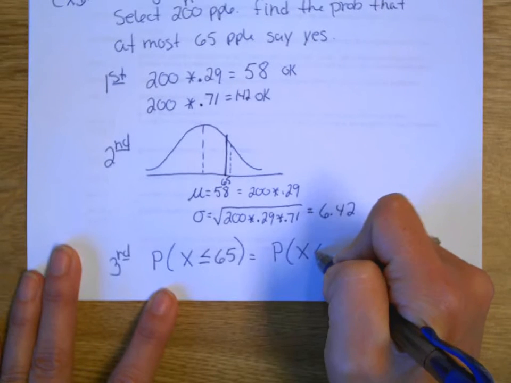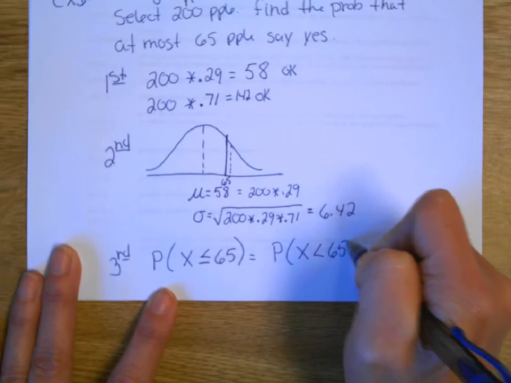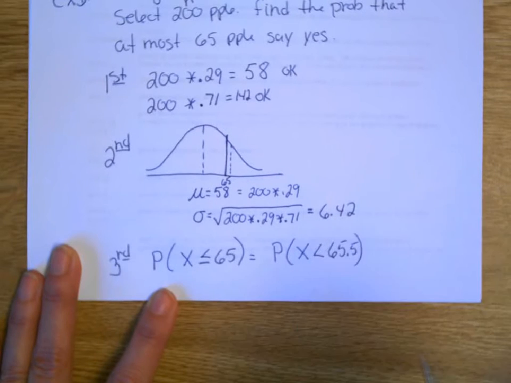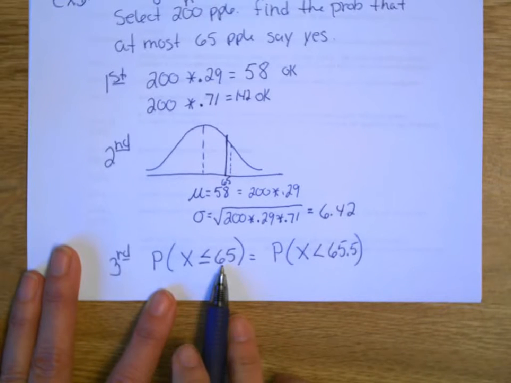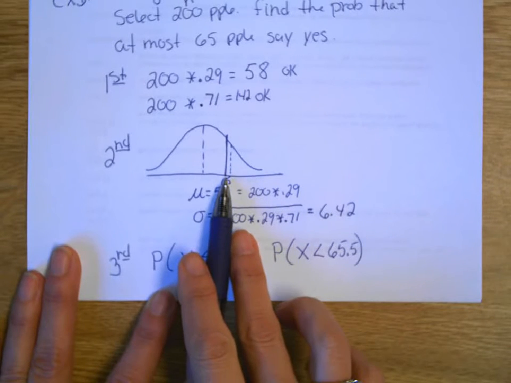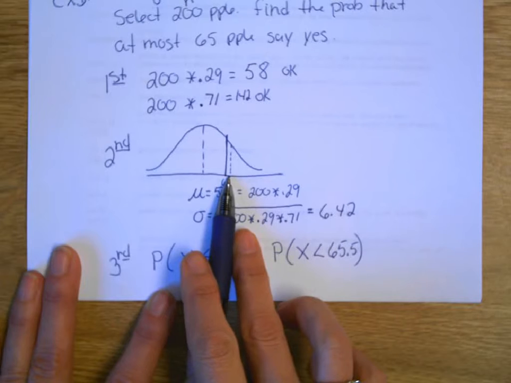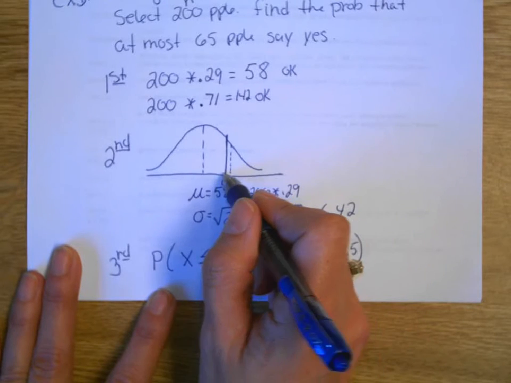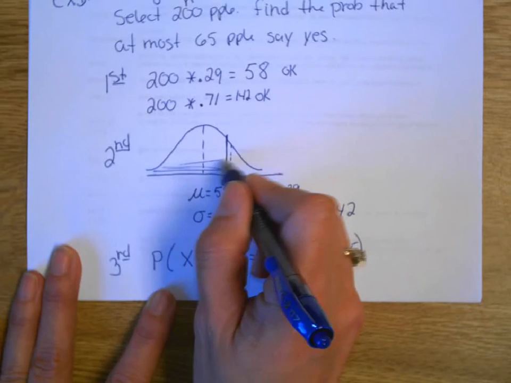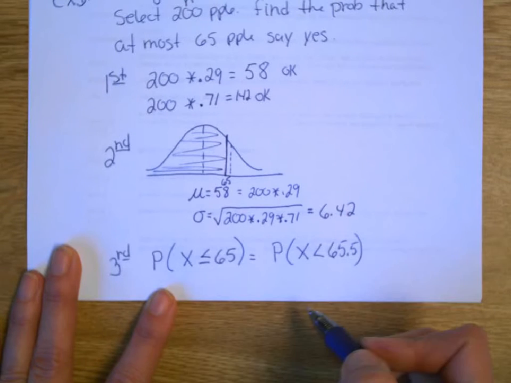So the 65.5. You always got to change it one way or the other. If it's equal to 65, I've got to include everything that equals 65. So I got to bump it up. Because I've already stated less than.